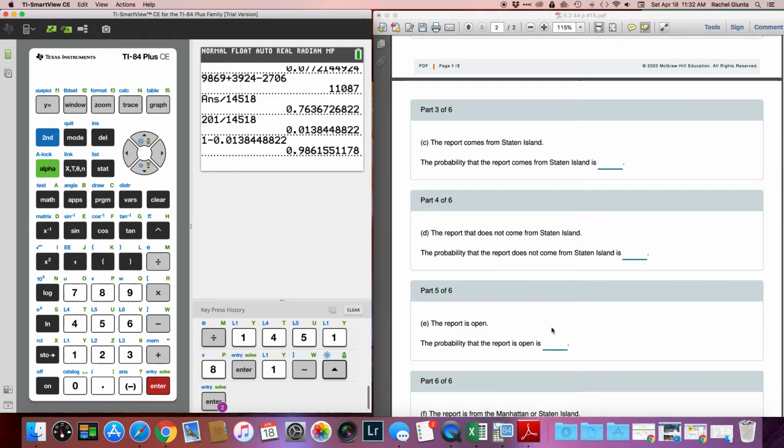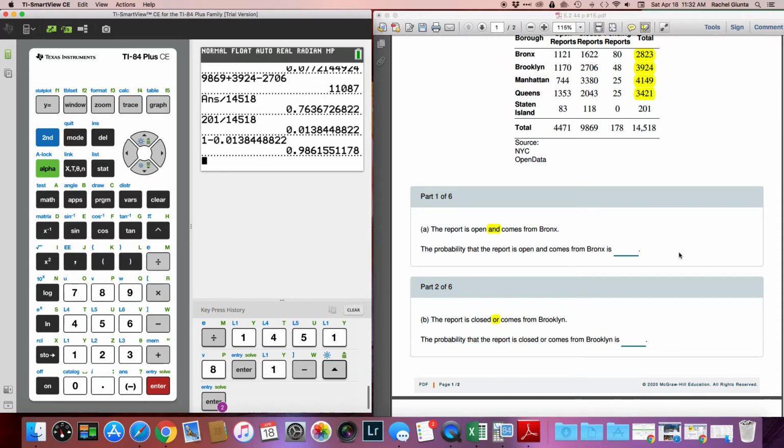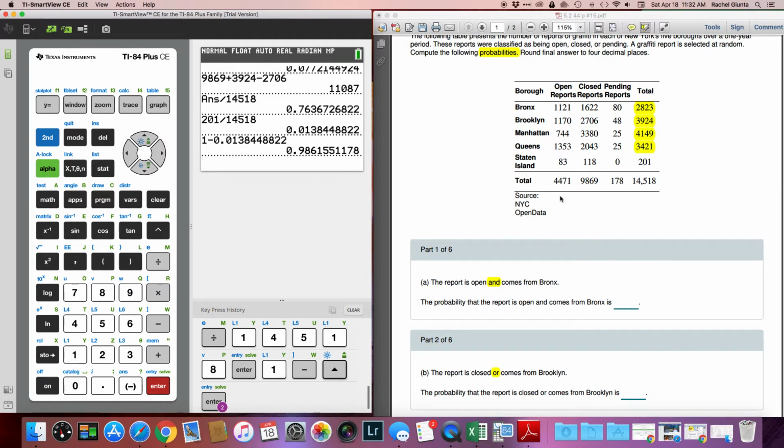The probability that the report is open is just the total open reports divided by the total. Total open reports is 4471, divided by the grand total, same thing, 14,518.